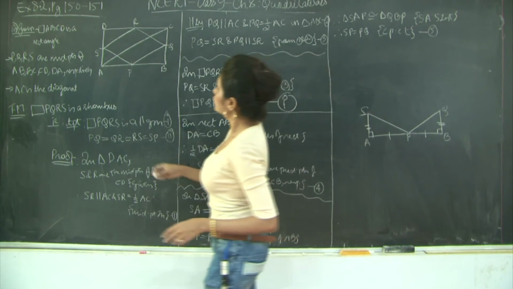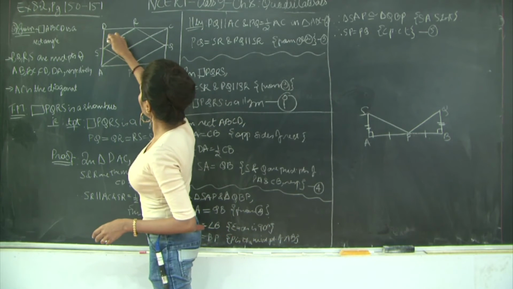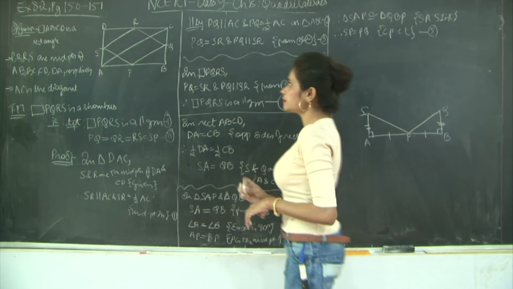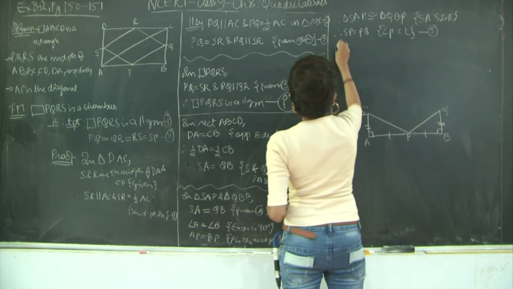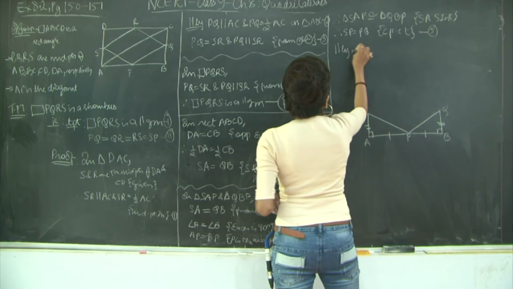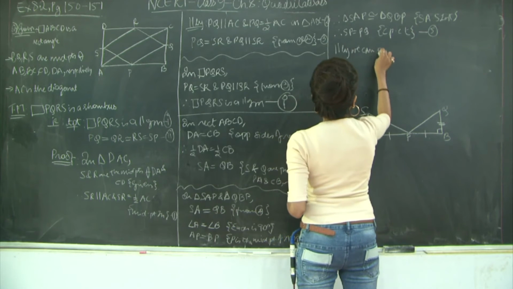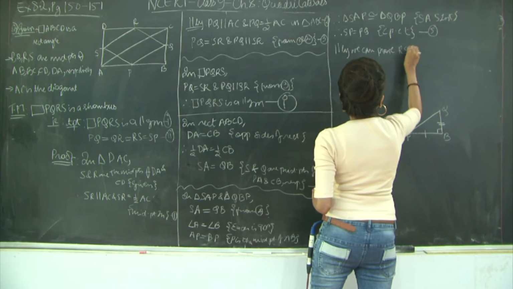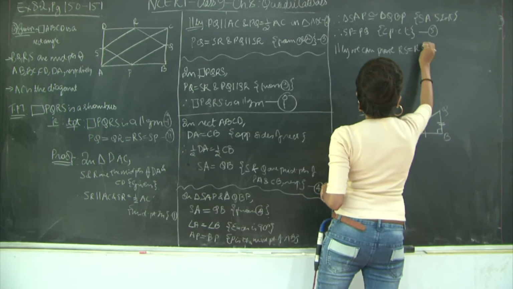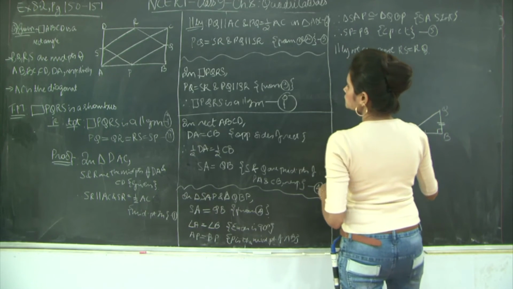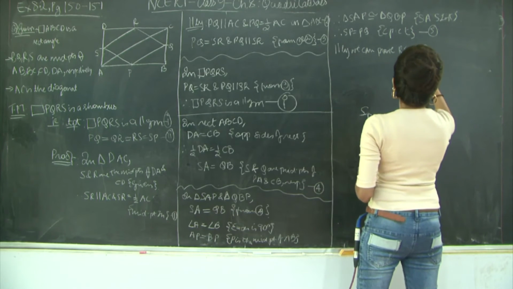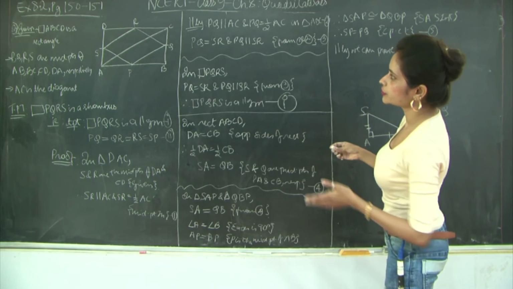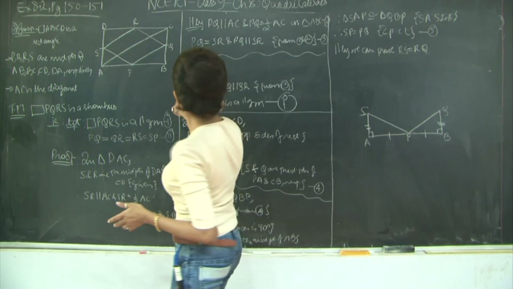Similarly, which two sides can we prove equal? I can prove that RS is equal to RQ, correct? Similarly, we can prove RS is equal to RQ. So, for which triangles are we going to prove them congruent, equal to each other? Let us see.